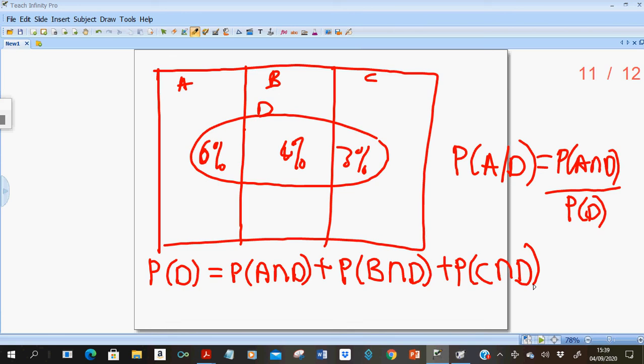Okay, but how can we find, maybe let's look at the probabilities that have been given. The probability of A, we're given as 45%, which is just 0.45.